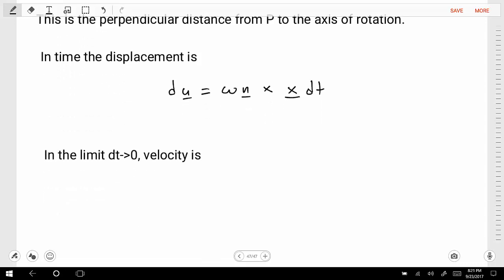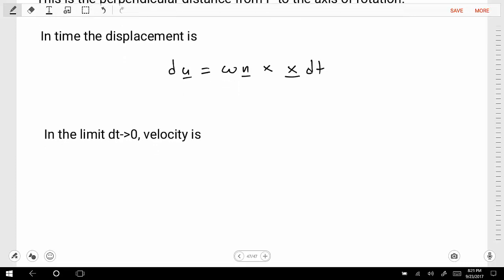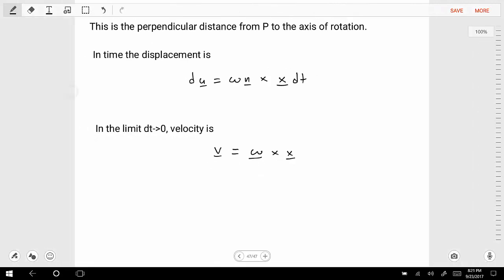Now if we took the limit of this and we approached 0, so we approached a 0 time increment, then we can actually find the velocity of our particle, which would be the angular velocity cross our position vector x, right?